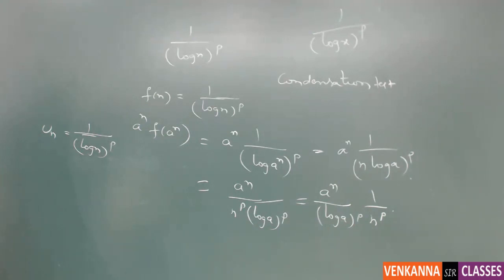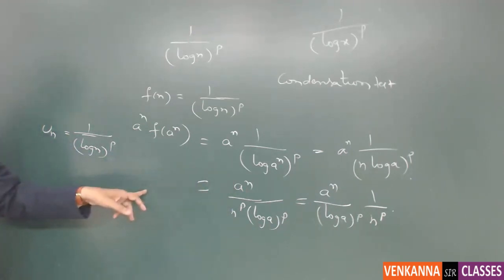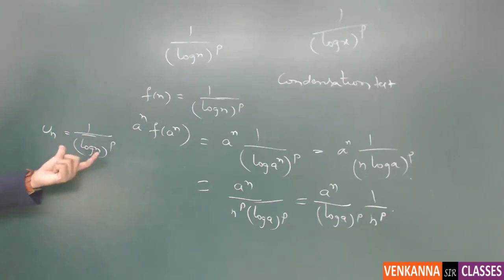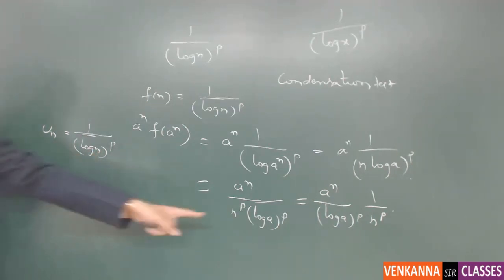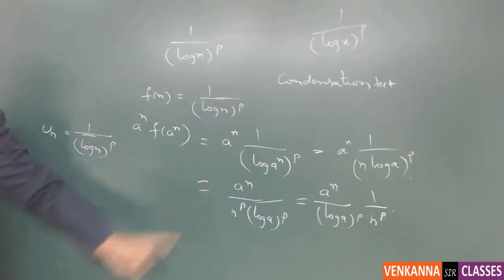So limit value is 1 by a. So if you have applied ratio test, you are saying that, or for this one, a power n into f of a power n. Yes, for condensation, right?